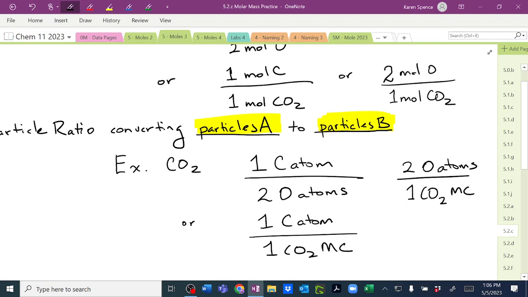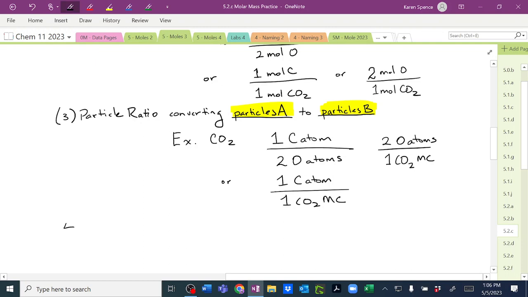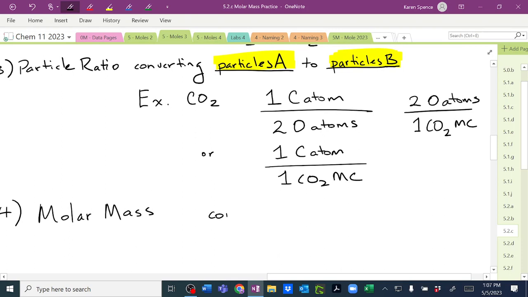What's the fourth one? We just learned it. Molar mass. And it is for converting moles of A to grams of A. You have to stick with the same species, obviously, the whole time.